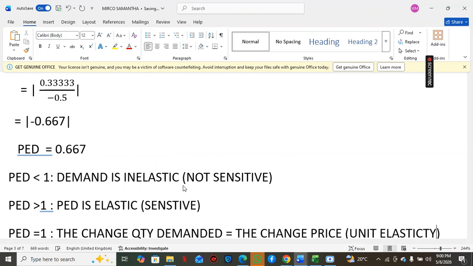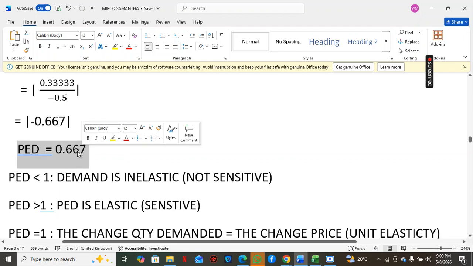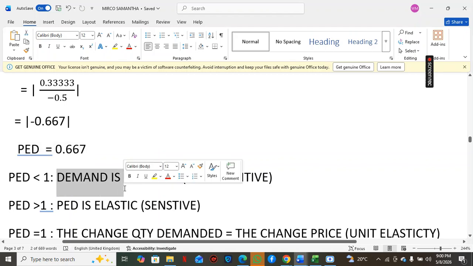So if price increases by 1%, quantity demanded will drop by 1%. Okay. If price drops by 20%, quantity demanded will increase by 20%. So in this case, colleagues, since our value is less than 1, 0.667 is less than 1, it tells us demand for this good is inelastic. It's not sensitive to price changes.